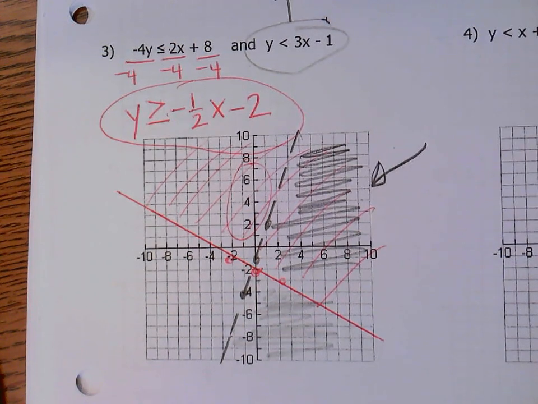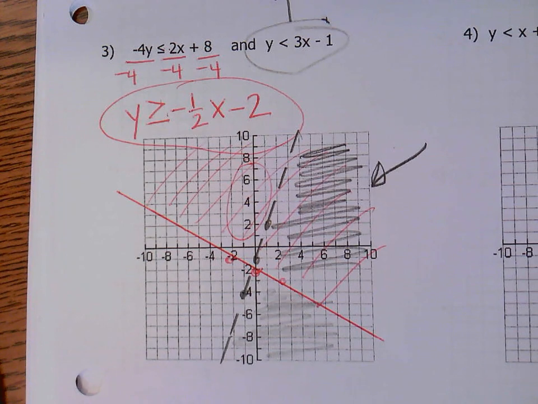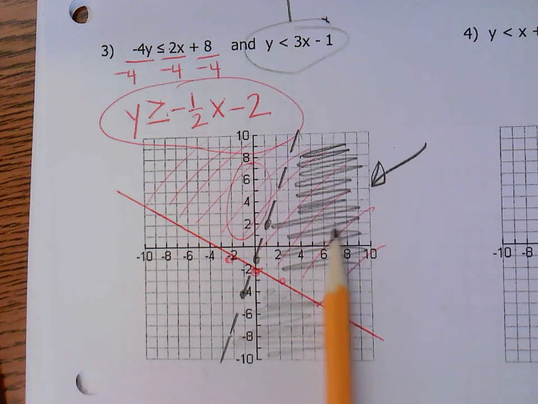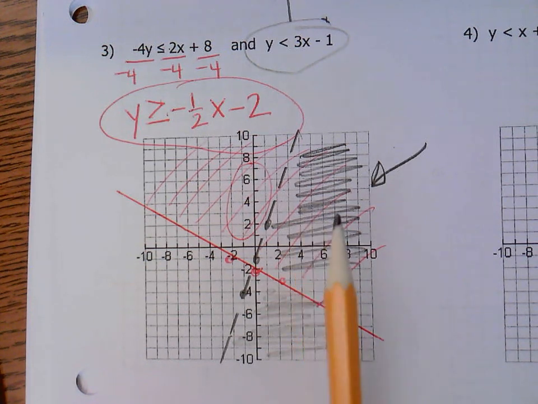Can someone give me a coordinate that's in that region? Trinity? No, I'm trying to get to this region. I need a positive x and a positive y to get in this region, right? Oh, okay, so you told me your solution. 6, 4 would work.